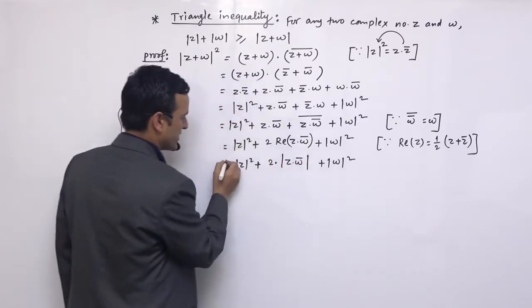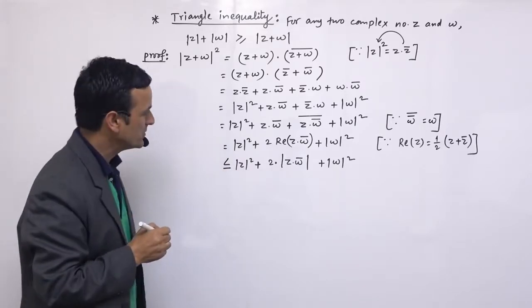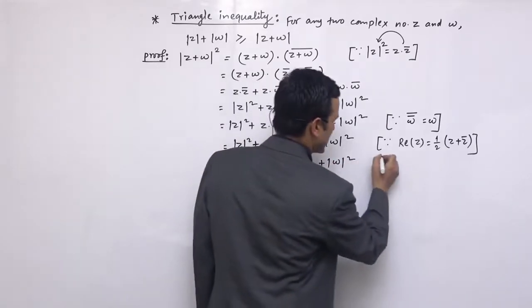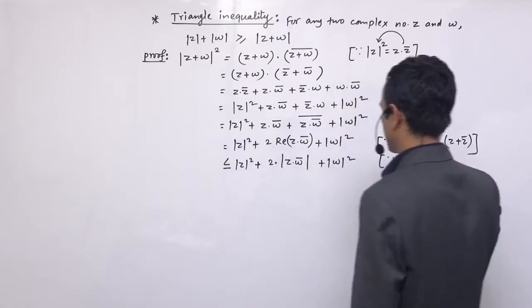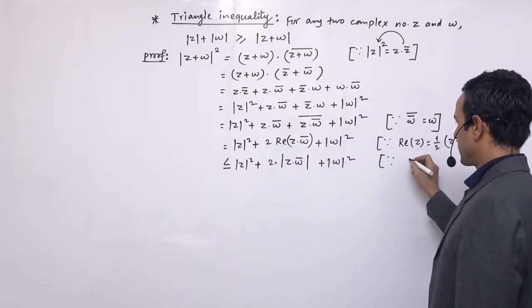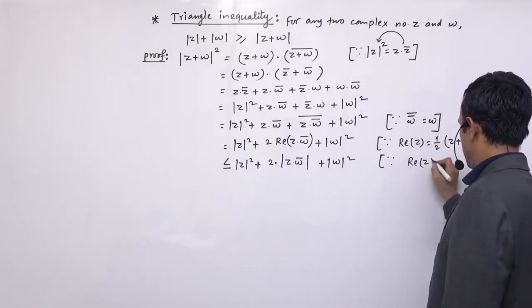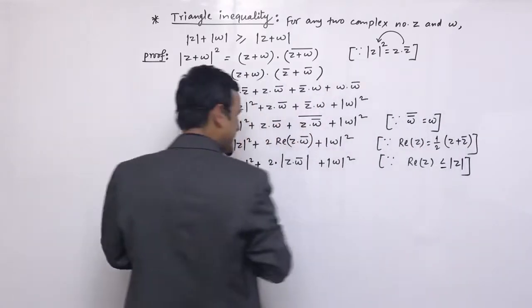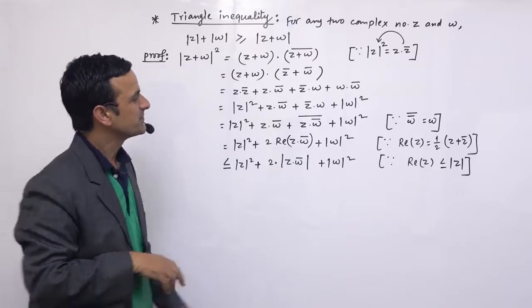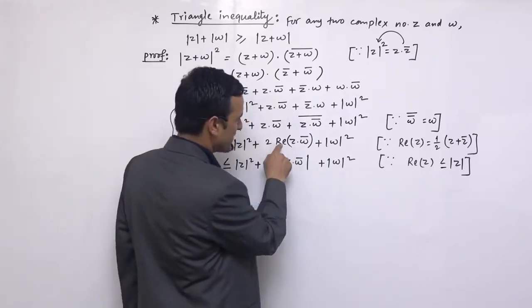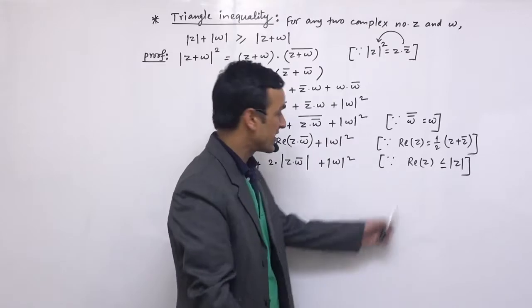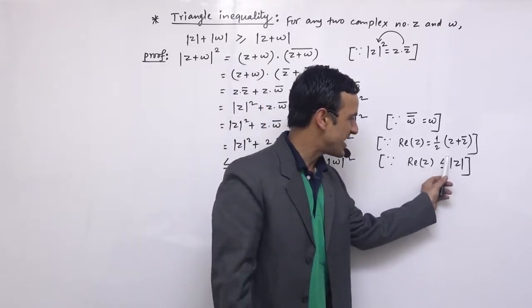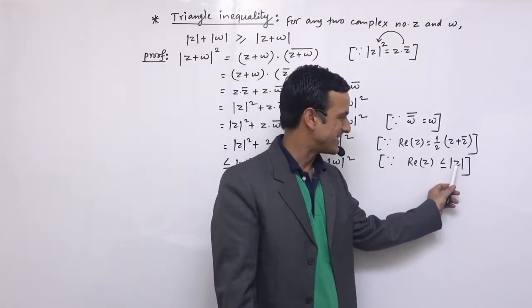So if you take modulus, then this will be less or equal to, then we can write down the properties over here. Then real part of z is less or equal to modulus z. So this comes from this relation. Now this is real part of z, which is less or equal to modulus z.